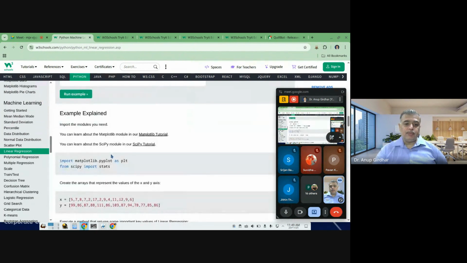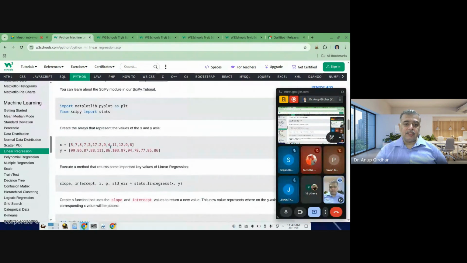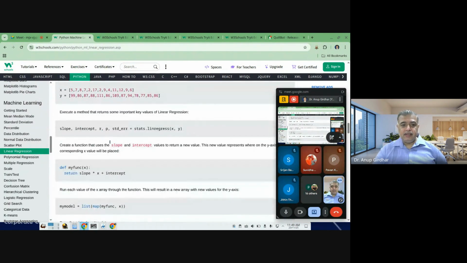So how do you implement this linear regression? Import this library. After importing, we need a data set, so collect that data set and execute the method for linear regression, that is the stats.linregress method. Pass your values of x and y, right?